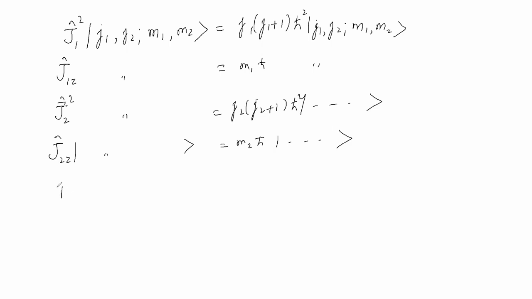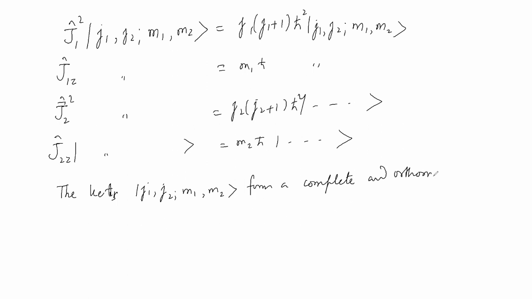Therefore, the important point is that the kets |J1, J2, M1, M2⟩ form a complete and orthonormal basis.